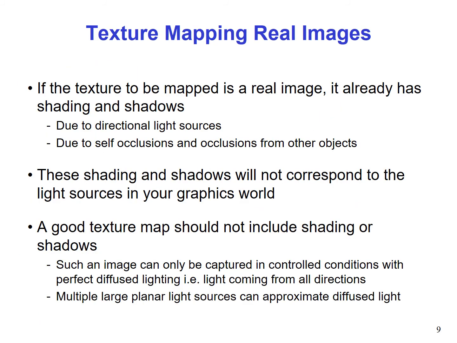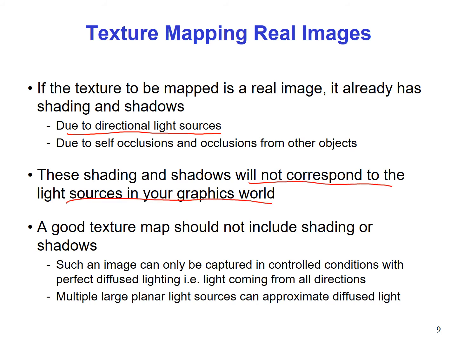Now, when we are performing texture mapping of real images, the real images already have shading and shadows because these real images were captured in some environment where there were certain light sources and some reflections from other objects. Specifically, if we have a directional light source such as the sun, we may have strong shadows and self-occlusions, which will cause different types of shadows on the object. Now these shadows are already present on our texture map, and they may not correspond to the lighting sources in our graphics world.